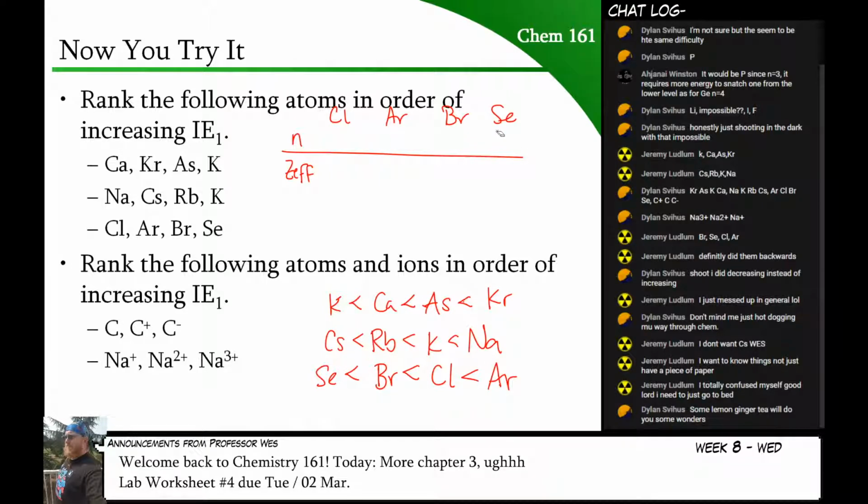All right. Let's look at the ions down here. Actually, we can erase all of this, really, because these are all going to have the same Z effective. So now what we're just doing is we're just going to look at space that is occupied.